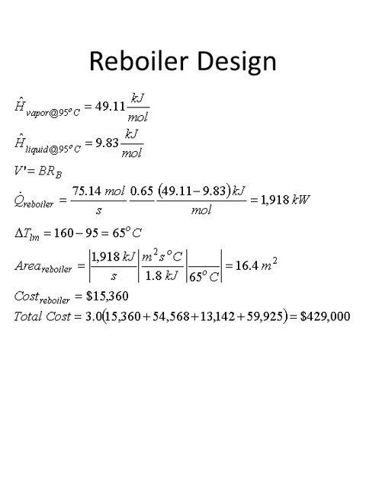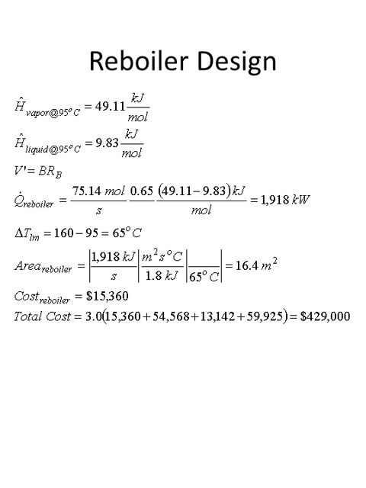So we can calculate the area of the reboiler at 1918 kilojoules per second, divide that by its heat transfer coefficient, 1.8 kilojoules per square meter degrees C second, and divide it by the temperature difference of 65 Celsius. And our reboiler has an area of 16.4 meters squared. So our total cost of our reboiler is approximately $15,360.